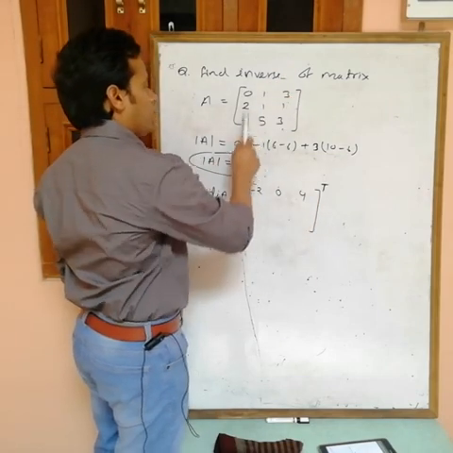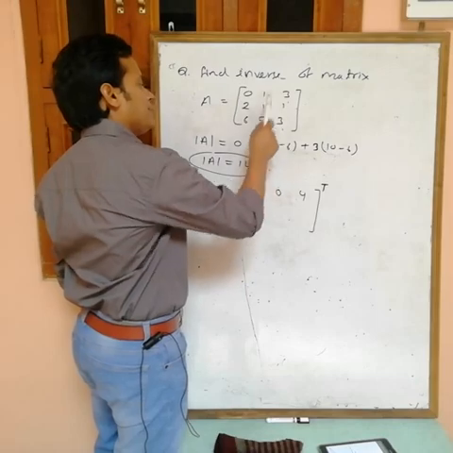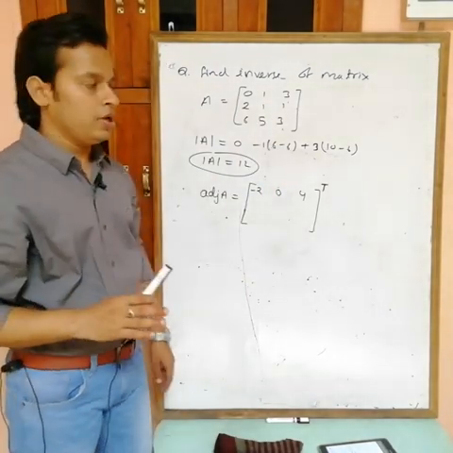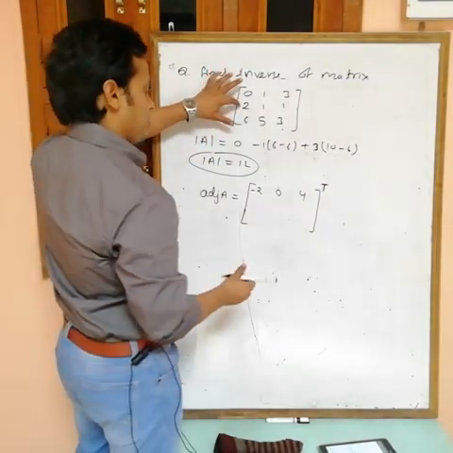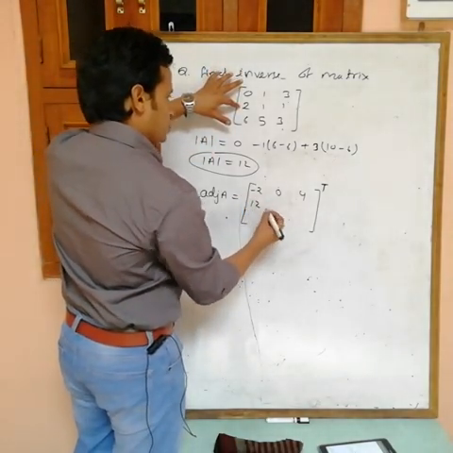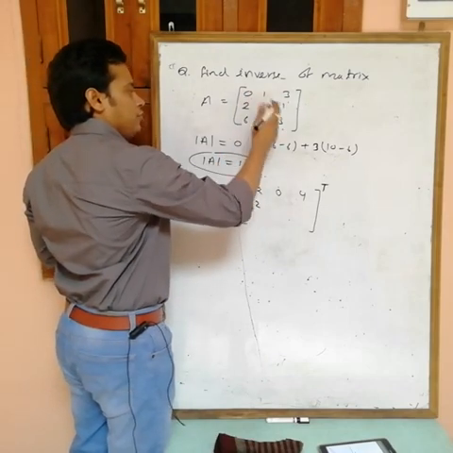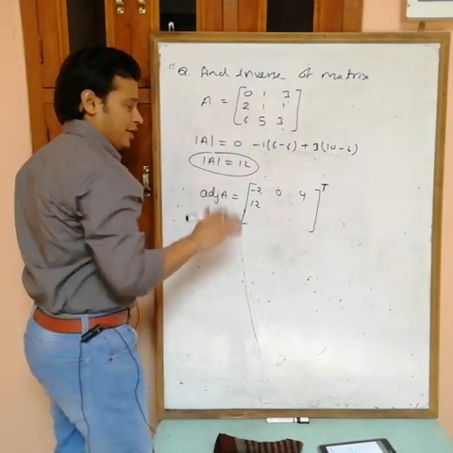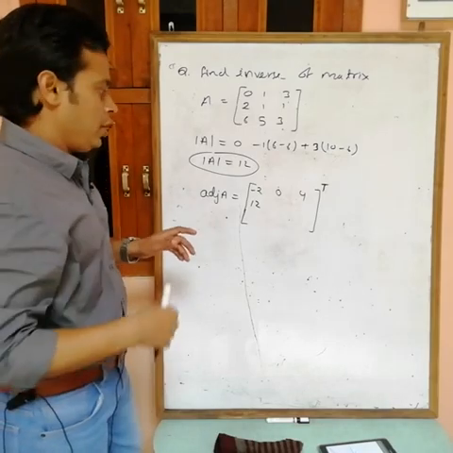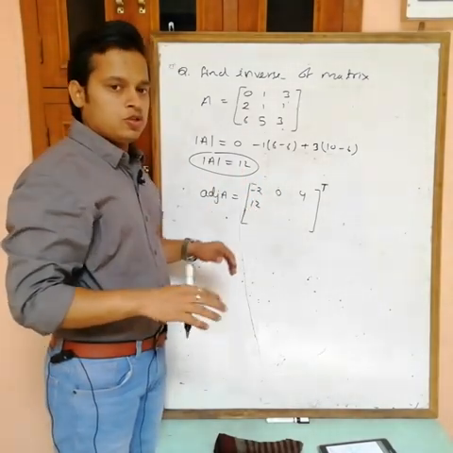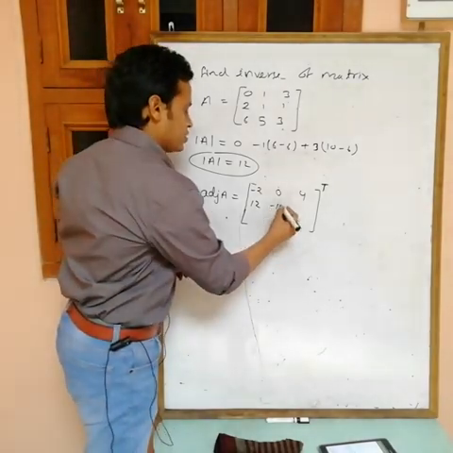Now for 2, hide the corresponding row and column, 3 minus 15, which is minus 12, and the sign is minus, so minus minus becomes plus 12. Now the cofactor for this one: hide the corresponding row and column, 0 minus 18, so minus 18, and the sign is plus, so it stays minus 18.